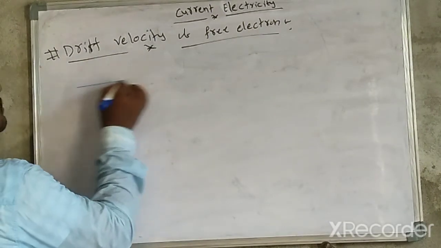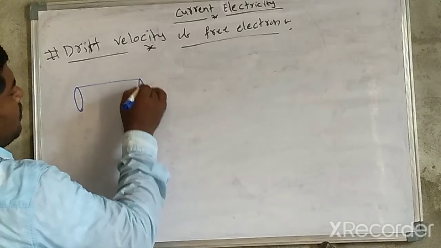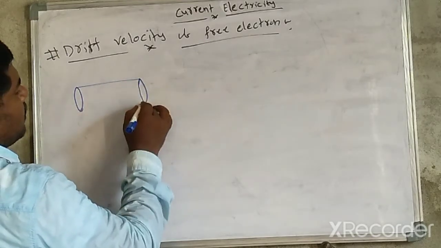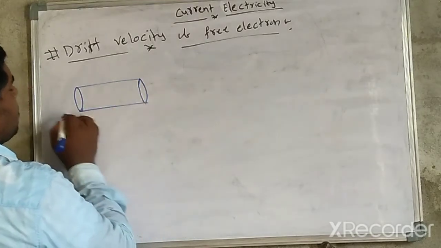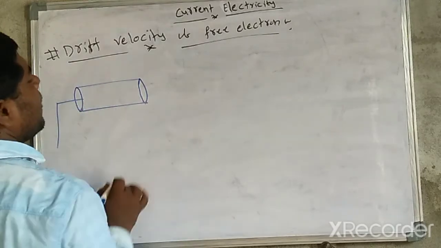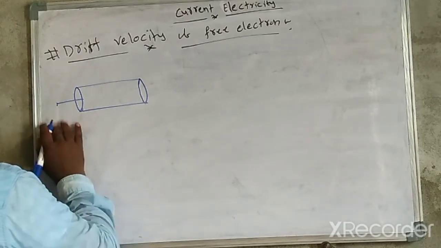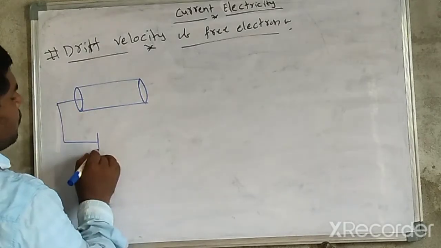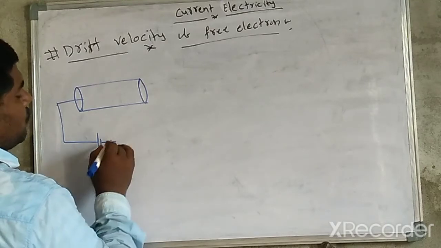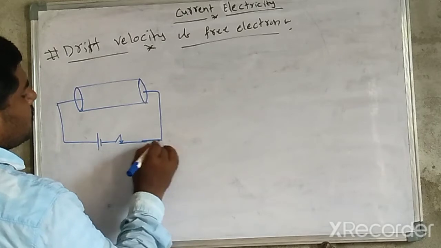Let us consider this is a cylindrical conductor. The cross section area of this cylindrical conductor is the same throughout. So I would like to consider the total area A, and one end is connected to the positive terminal of a battery, and the other end is connected through a switch.